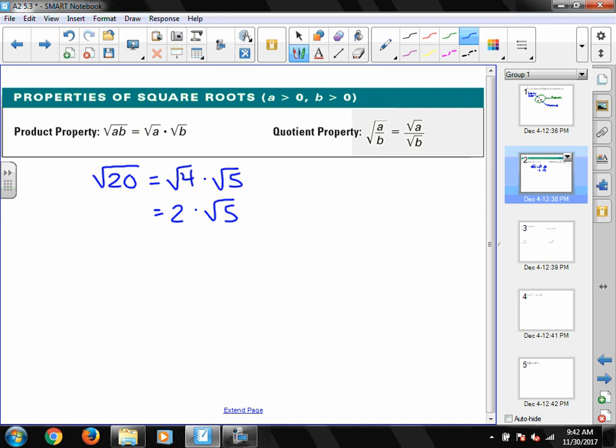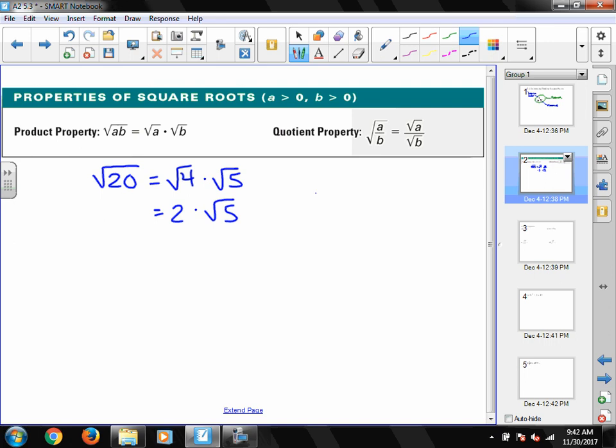Then the quotient property, the exact opposite, well, not really the exact opposite, but if I'm taking the square root of a fraction, I can take the square root of the numerator and the square root of the denominator separately.